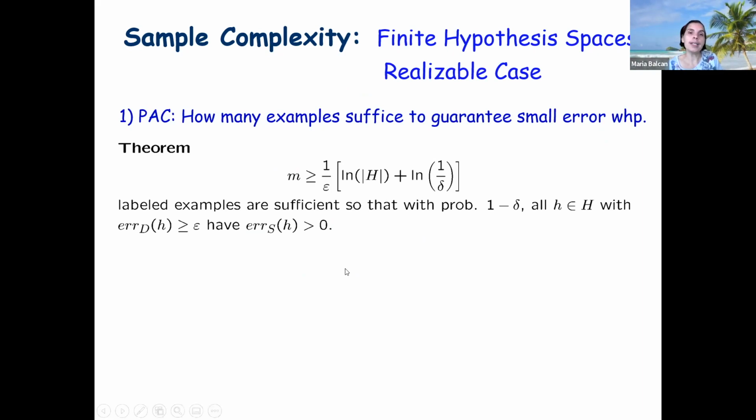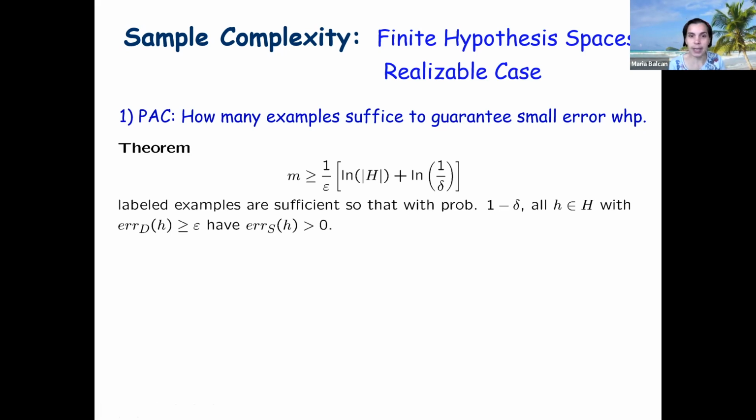There are really two ways of writing this bound. So far I wrote it in the PAC sense, where we talk about how many examples suffice to guarantee small error with high probability.